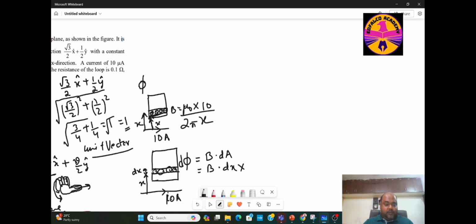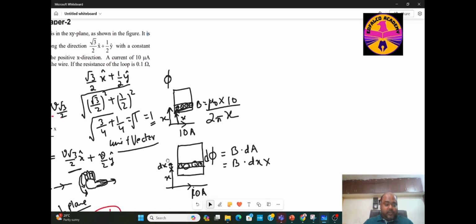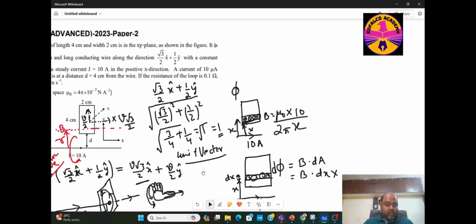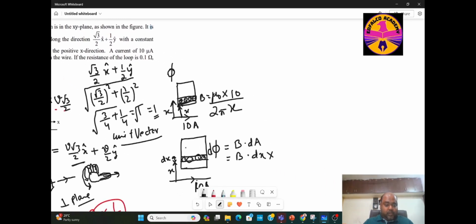With a width of dx, and this would be the length, which according to the figure was given as 2 centimeter. So let's call it 2 by 100 of a meter. For converting it into SI units, I'm keeping it in meter.